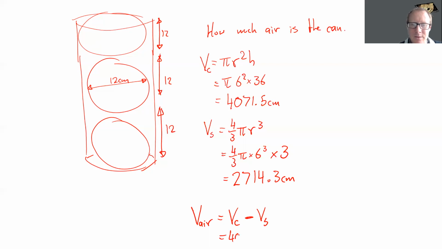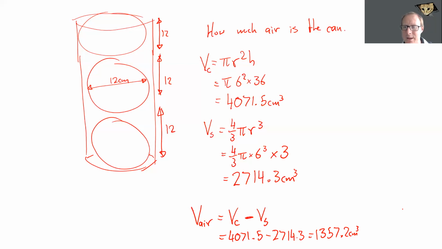Okay, so we're going to do our 4,071.5 minus 2,714.3, and we get our final answer of 1,357.1. We'll round that up to 1,357.2, which is cubed. By the way, these were both cubed as well.